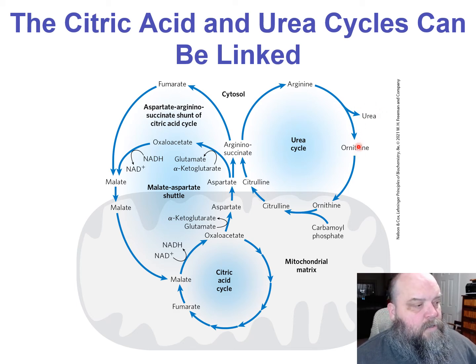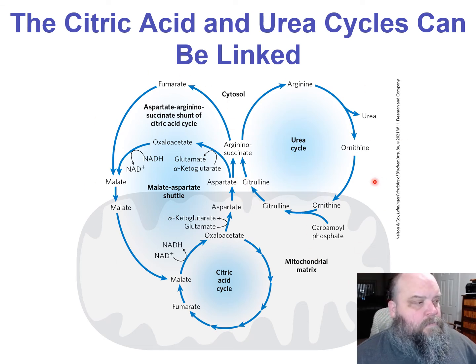You get urea, and now the ornithine goes back in. Carbamyl phosphate, get your citrulline back out. And the citrulline can become argininosuccinate, which can then go this way over to this group, or this way into this cycle.